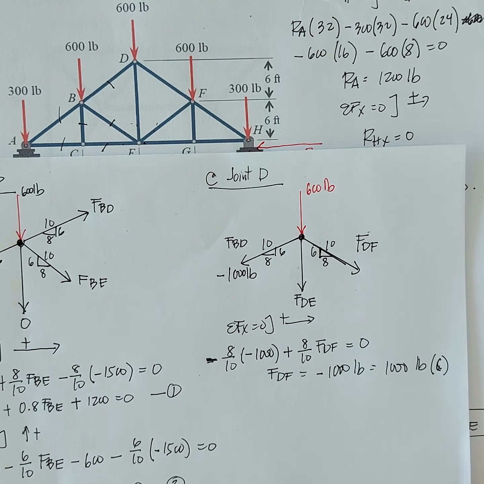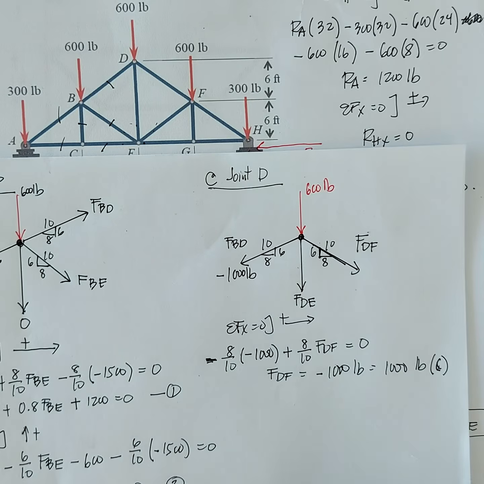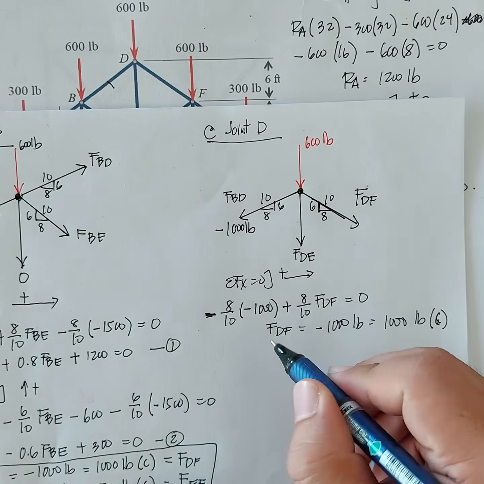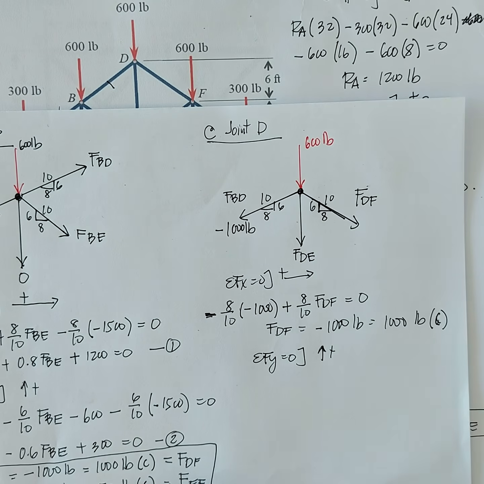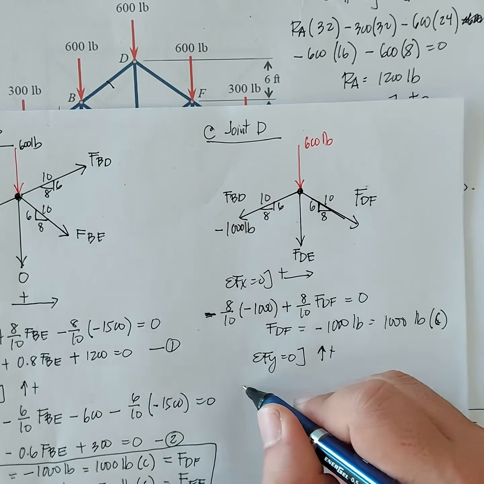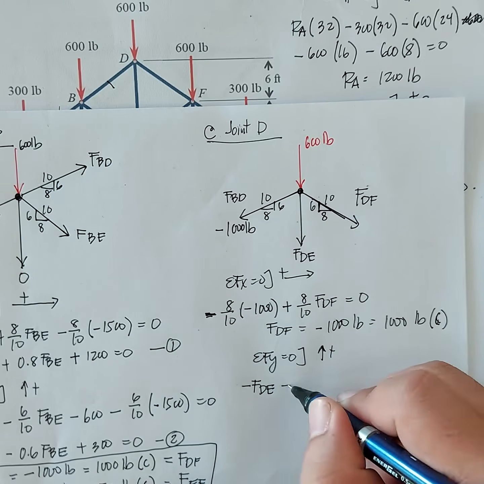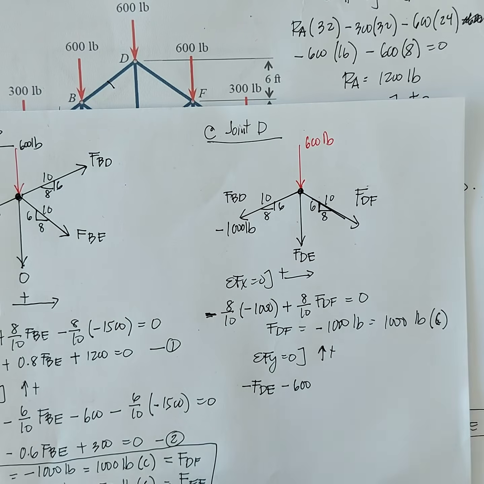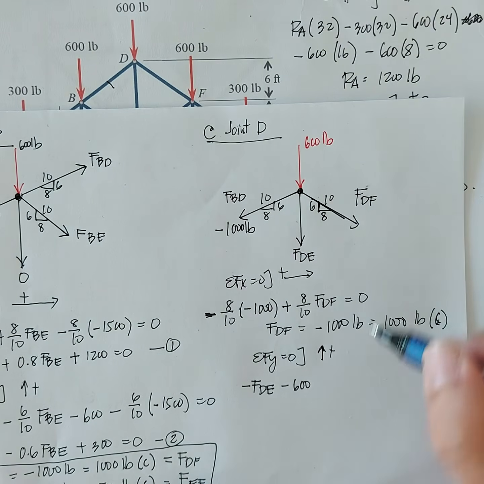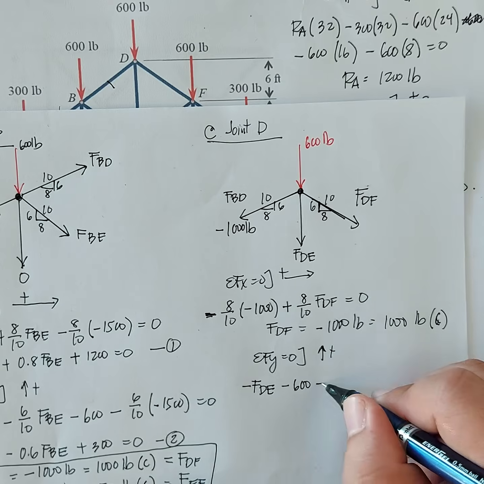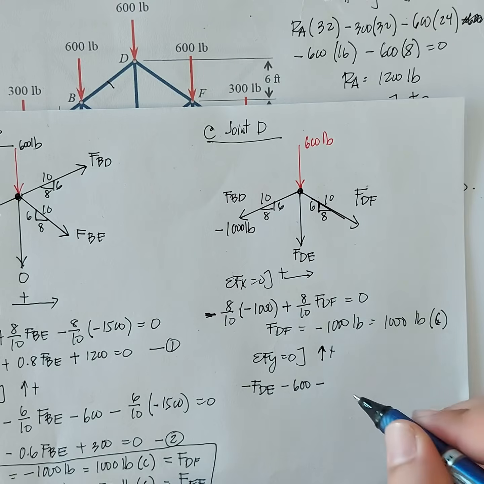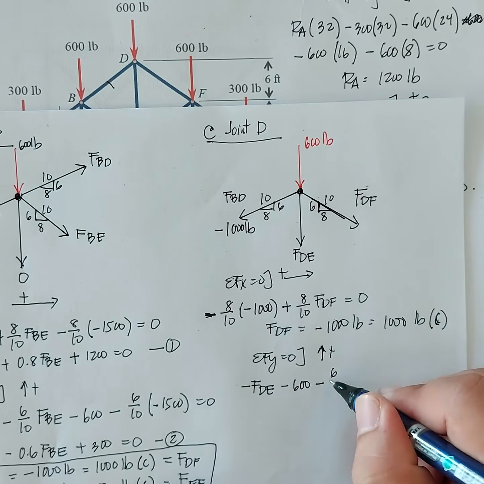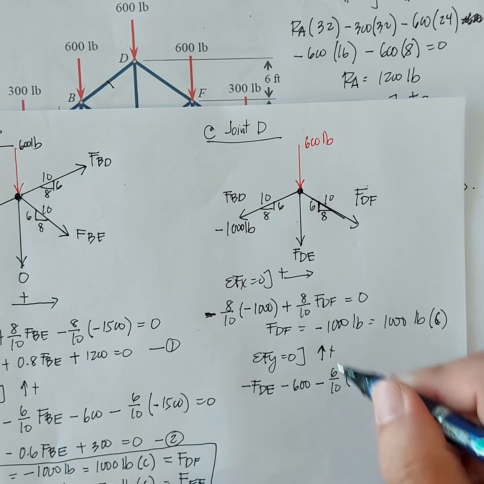Now, let's solve for FDE. So, summation of forces along the vertical axis is equal to 0. Upward forces positive. So, ano yung mga forces on the vertical direction? We have FDE, so minus FDE, minus 600. Okay. Minus yung dalawa. Vertical component. Although magka-cancel naman yan, pero ilagay na lang natin sa equation para hindi kayo malito. So, minus 6 over 10 times negative 1,000.